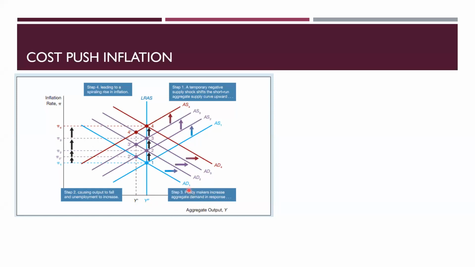But by doing so, aggregate demand shifts to AD2 and establishes a new equilibrium at a higher inflation. So this process would continue to 2, 3, 4 until we reach a very high level of inflation. It would finally lead to a spiral rise in inflation.